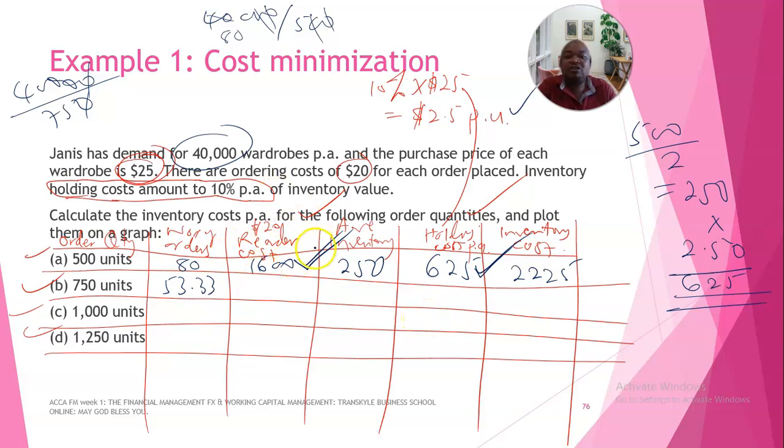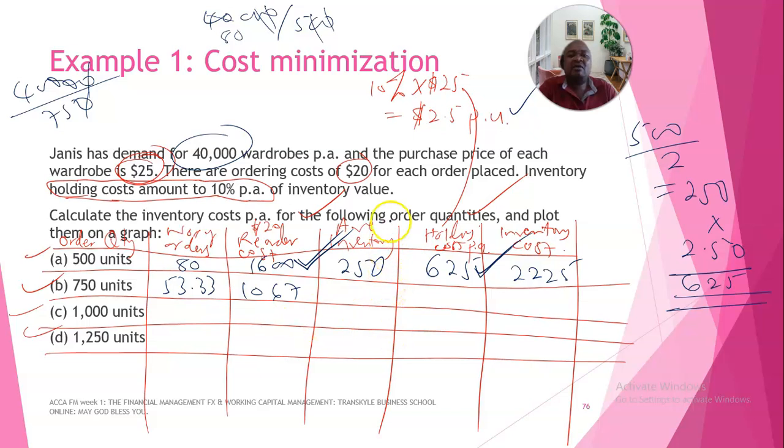And the reorder cost should be 53.33 multiplied by $20. This should lead us to $1,067, right? You can see here that the reorder cost is becoming low. Why? Because the order has increased from 500 to 750.